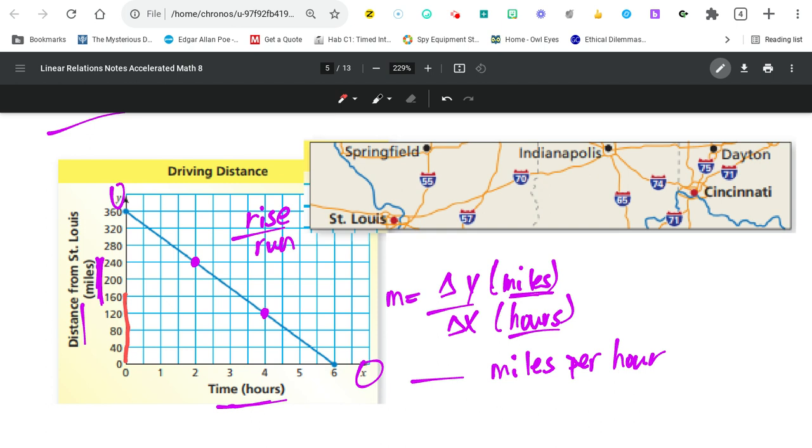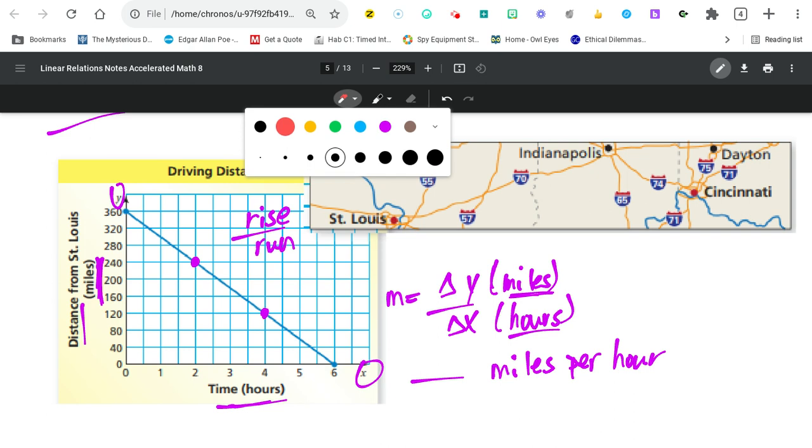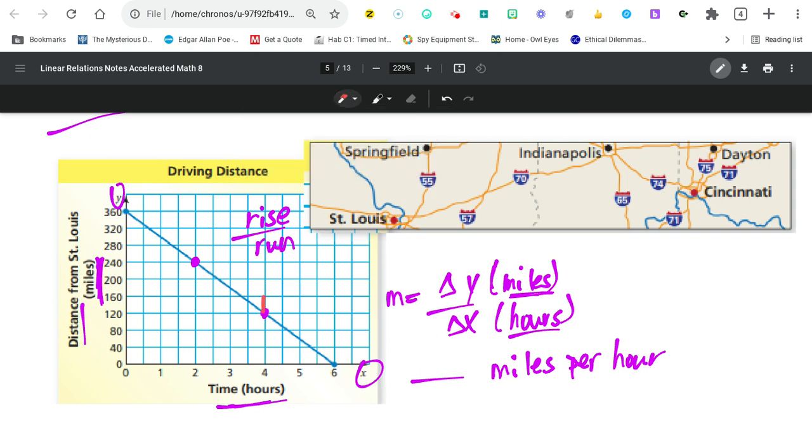So on the y-axis, it's counted by 40s, but on the x-axis, it's counted by 0.5, 1, 1.5, 2, 2.5, 3, 3.5, 4, 4.5, okay? So the x-axis is counted by halves or 0.5s. And the y-axis is counted by 40. So let's go up. So this is up 40, 80, 120.